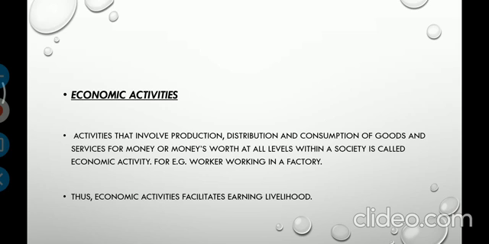Examples of economic activity are working in a factory, working in a business entity, producing goods and services on a large scale for selling in the market, caterers, and musicians.